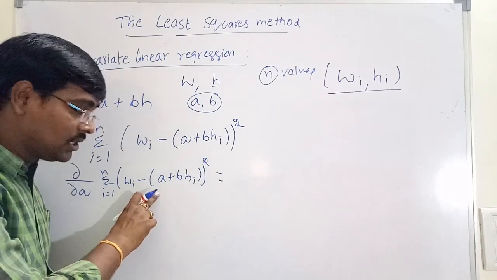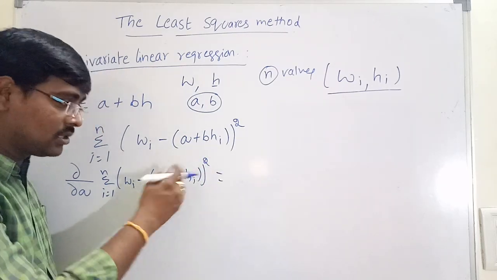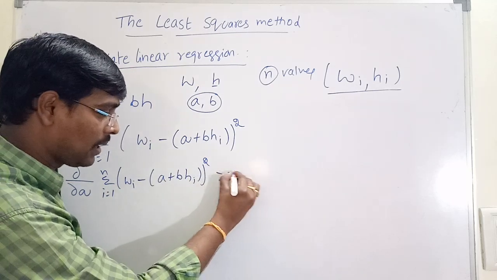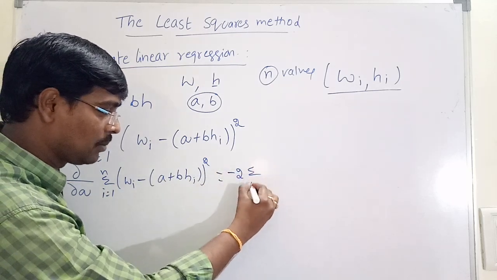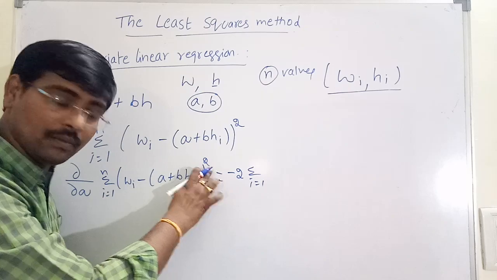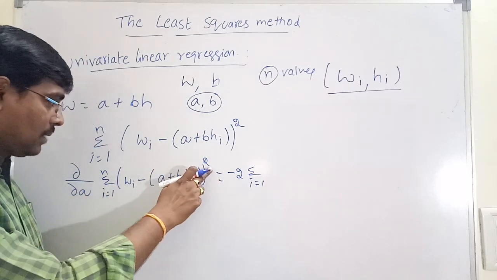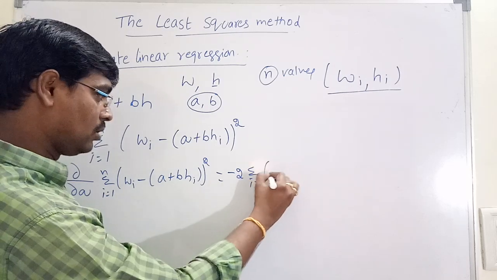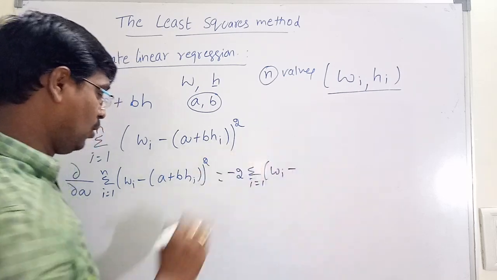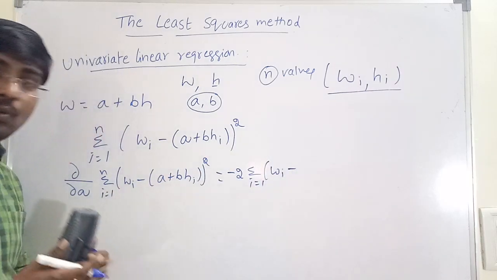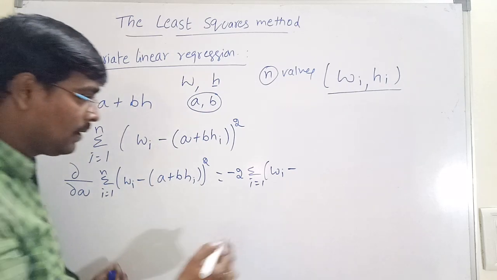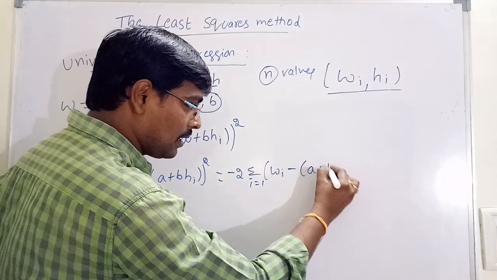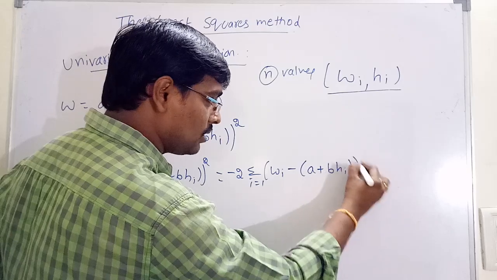Here A is a constant, so the answer is minus 2 sigma i equals 1 to n, Wi minus A plus B Hi.